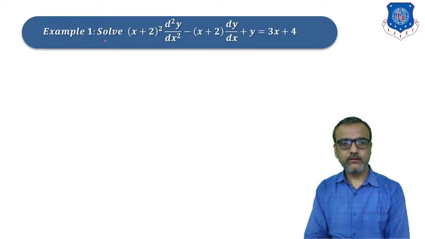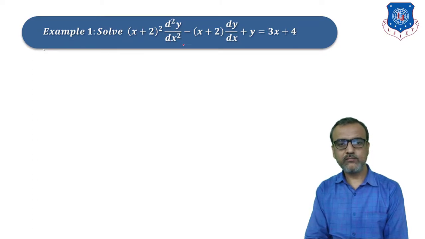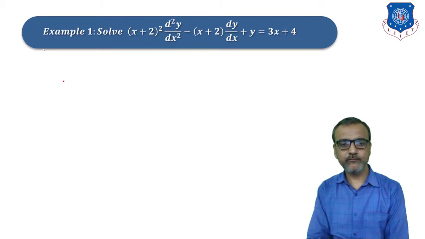Example number 1: solve (x + 2)^2 d^2y/dx^2 - (x + 2) dy/dx + y = 3x + 4. Here the given differential equation is Legendre's linear differential equation, as with dy/dx we have (x + 2) raised to 1, and with d^2y/dx^2 we have (x + 2)^2.